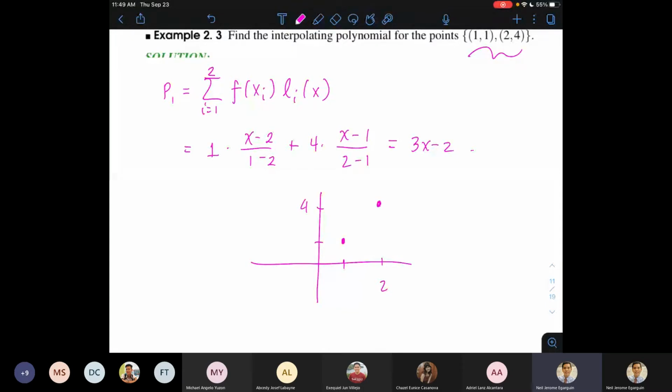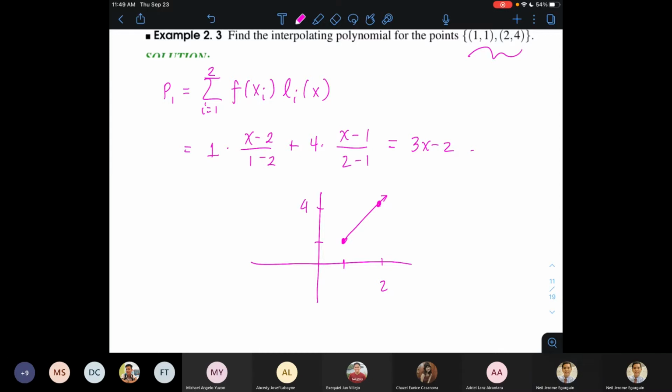So I will not try to fit a quadratic function into these 2 points, but instead I will connect them using a linear function, and that is just a line. So I'm just considering the line passing through 1, 1, and 2, 4. Okay. So if you decrease the number of points, then you might get a different interpolating polynomial because we need to satisfy a certain degree requirement. Okay, so we have an upper bound for the degree of the interpolating polynomial.